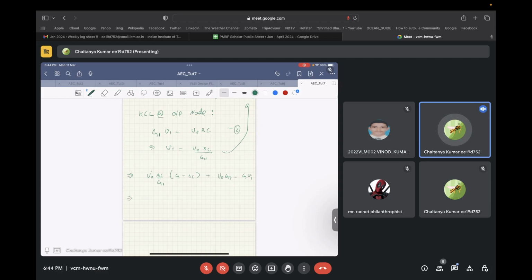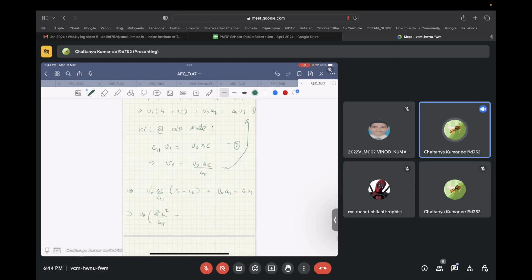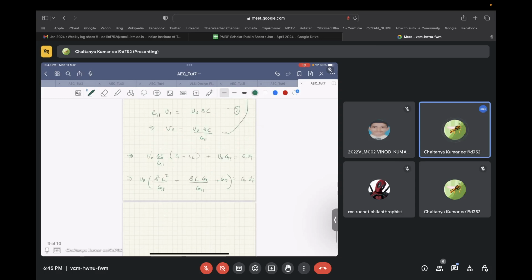So what we have over here now, we will take V naught common. So we will have S square C square divided by G1 plus G2, plus, sorry, SC G by G1 plus G2 is equal to G times Vi.